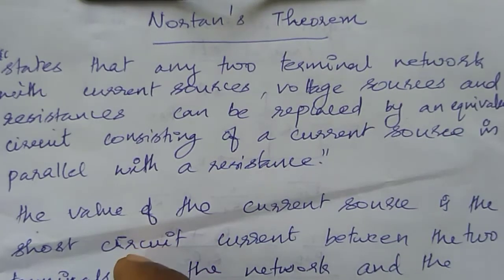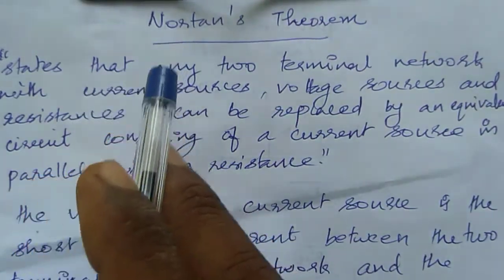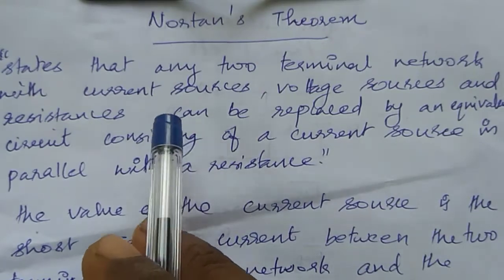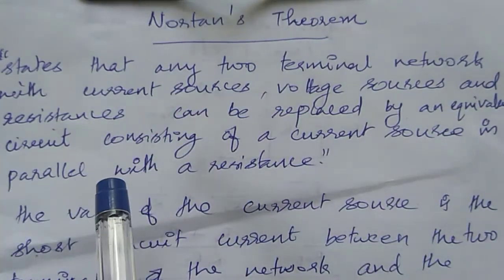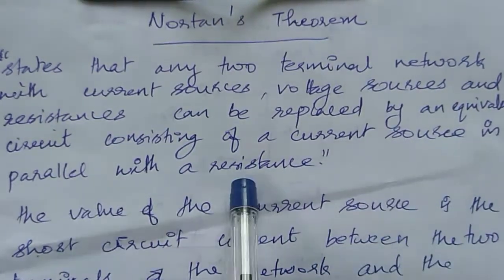Simply speaking, a complex network, complex in the sense that it contains so many voltage sources, current sources and resistances, can be replaced with a single circuit consisting of a current source in parallel with a resistance.